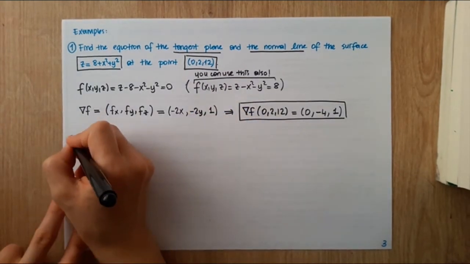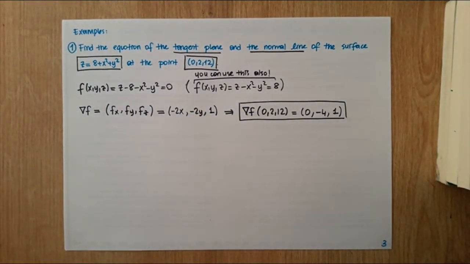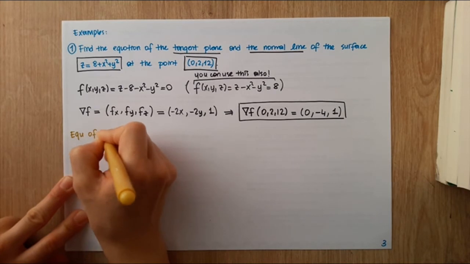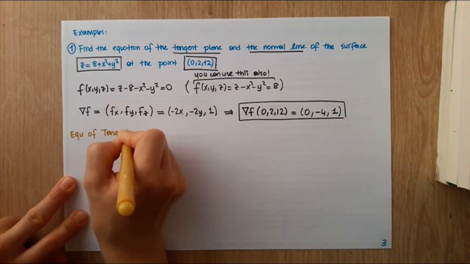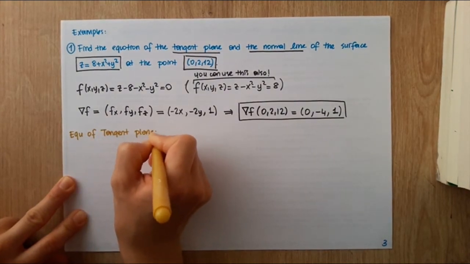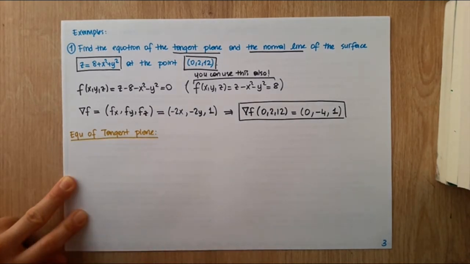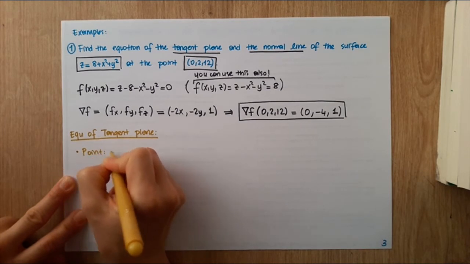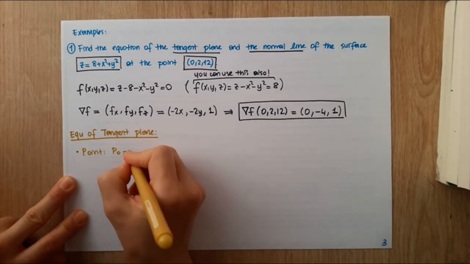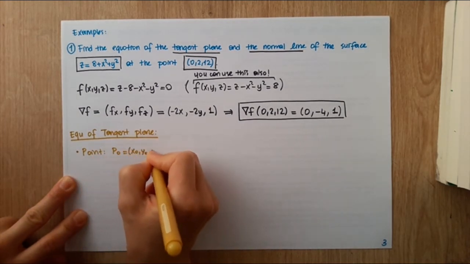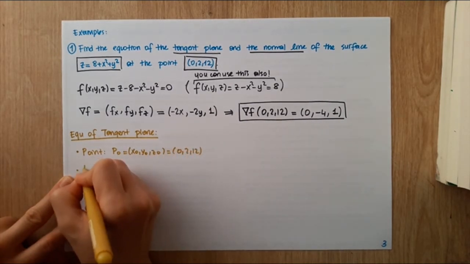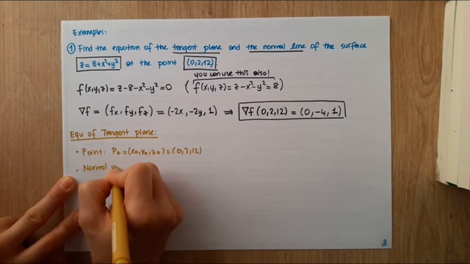So it's time to find the equation of the tangent plane. As I said, to do this I need a point, and the point is given as x0, y0, z0 equals (0, 2, 12), and I need a normal vector.